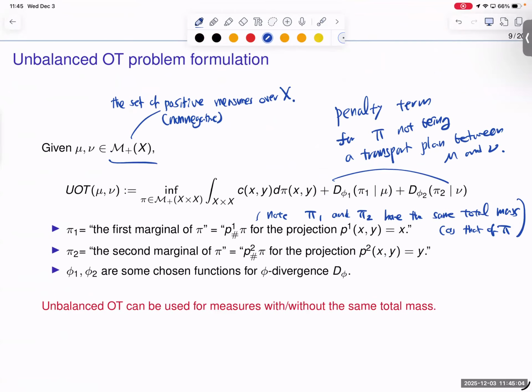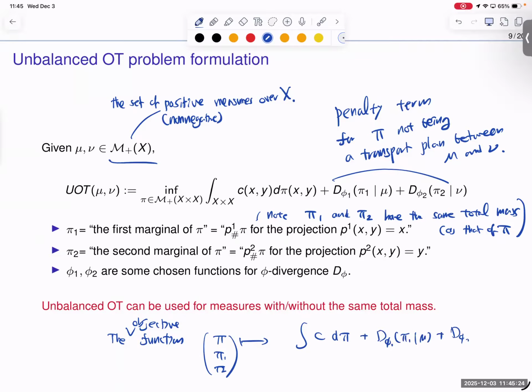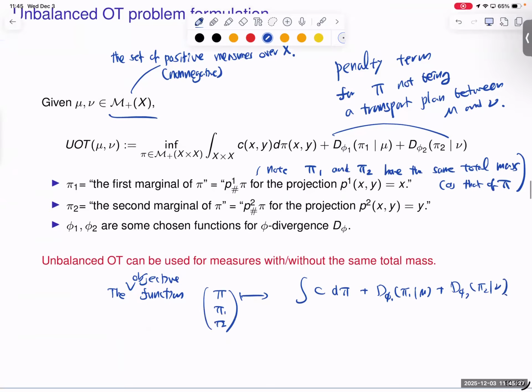So the objective function, pi 1, pi 2 to this c d pi plus d phi 1, pi 1 mu plus d phi 2, pi 2 nu, is convex with respect to the linear convex combination. Linear means the convex combination in vector space.